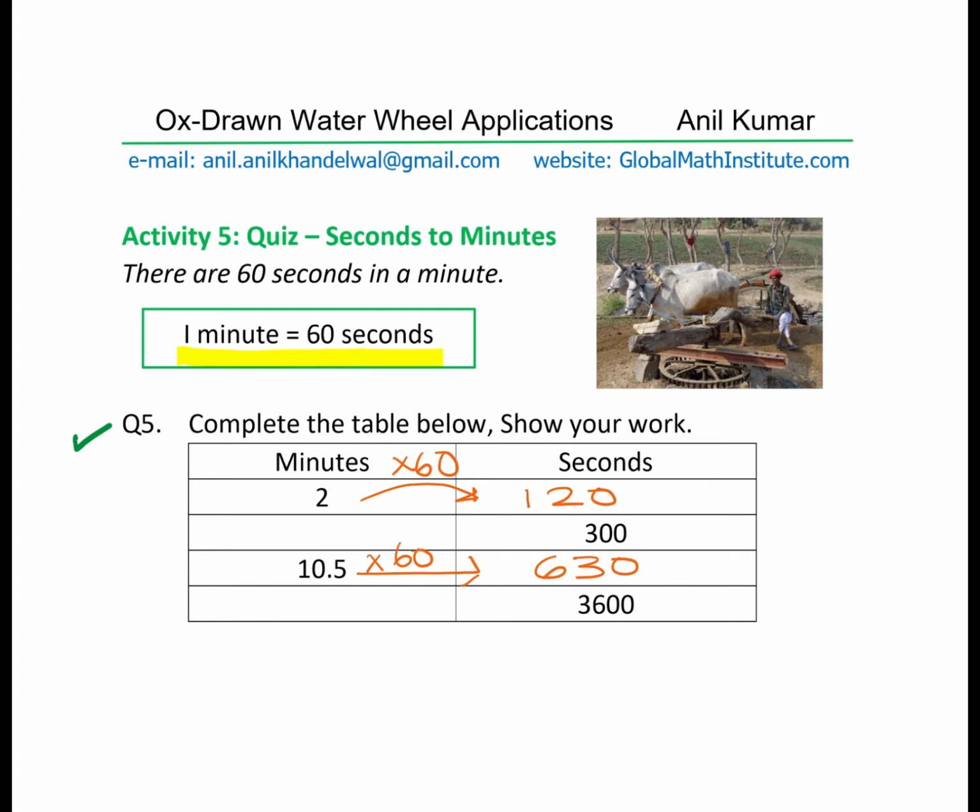So you could think like this. It is 10 times 60, which is 600, and 0.5, which is half, times 60 is 30. And when you add that, you get 630. Is that clear?